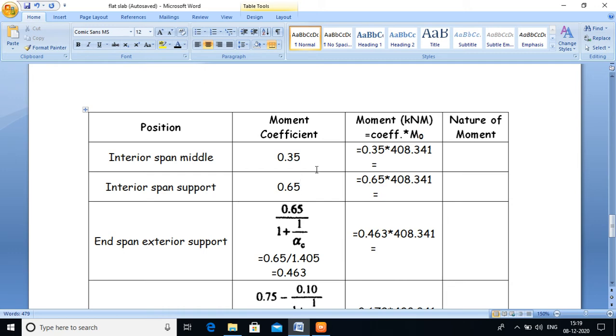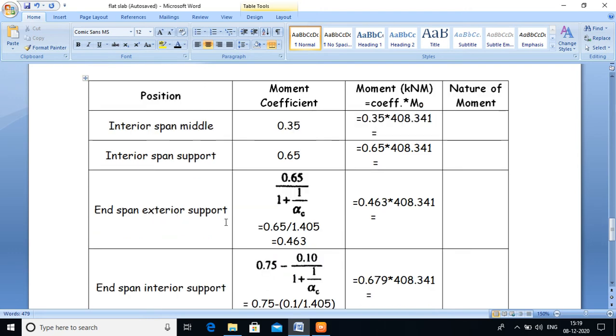Directly from the IS code, IS 456 2000, I have taken these values. For the end span interior support, the moment coefficient is not directly given, but it is in terms of alpha c, and that's why we have calculated the value of alpha c. When we put the value of alpha c in this expression, we get the moment coefficient as 0.463. The actual moment in a particular position, meaning the actual moment in the interior span at the middle position, is nothing but this moment coefficient into the value of M0.